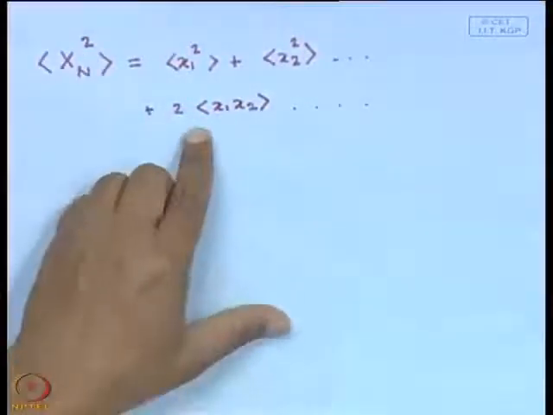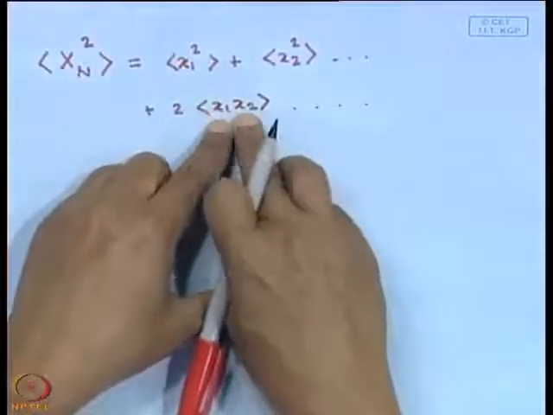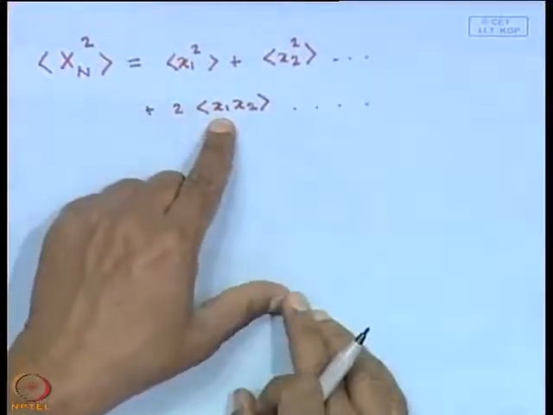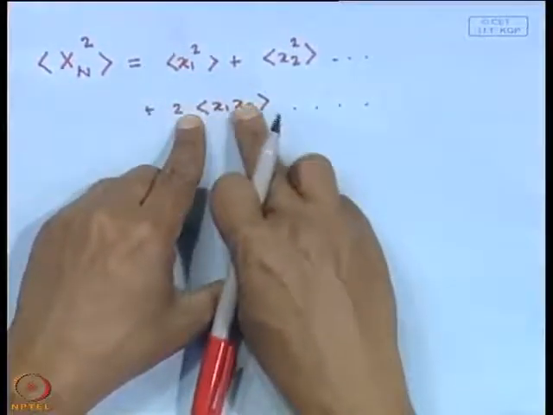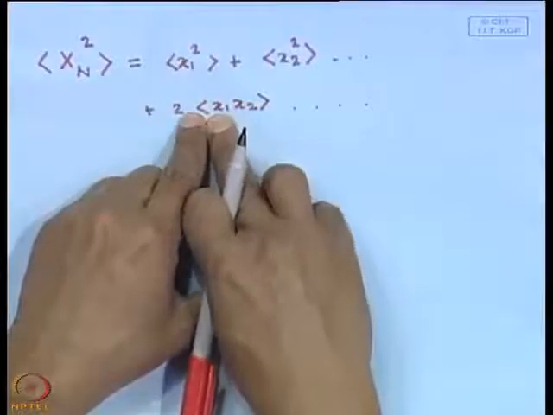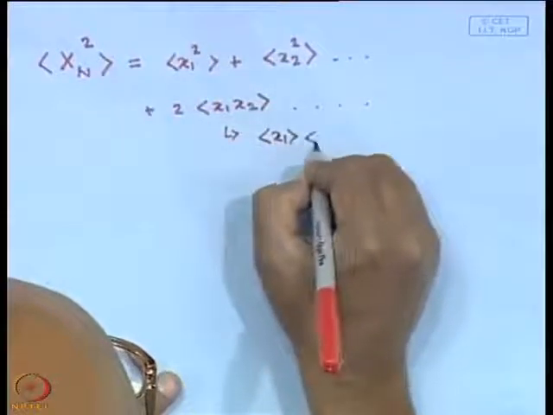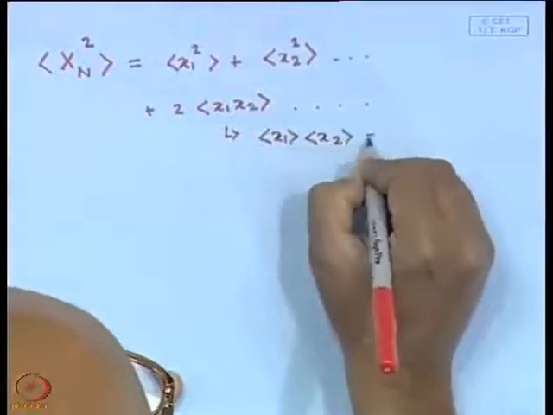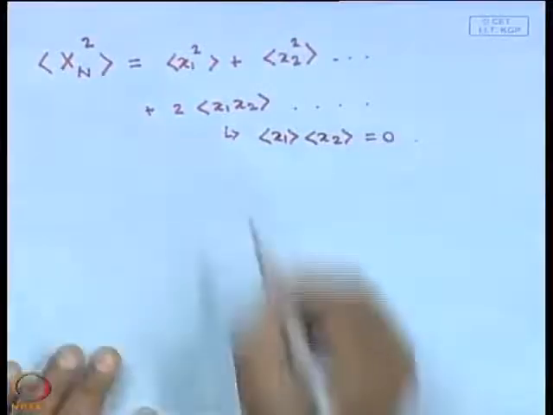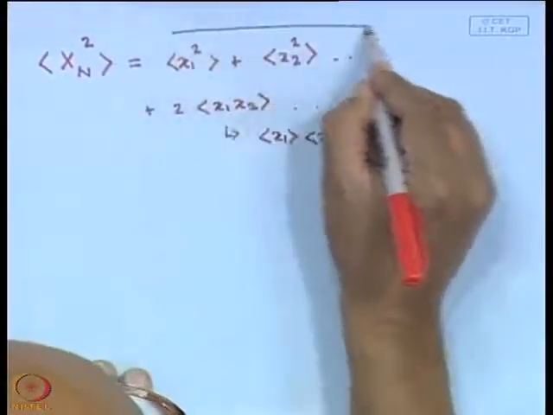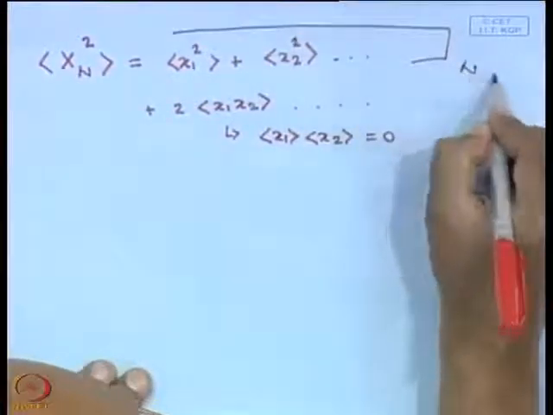Now we know that if you have two random variables which are independent, then the mean value of the product is the product of the mean values. So this term is essentially the same as x1 x2 and it is 0. So it is only these n terms over here which contribute. There are n such terms.